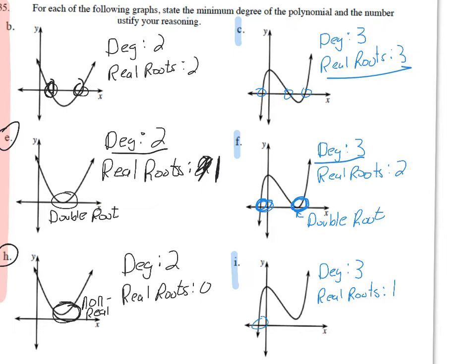And in part I, we only have the 1 x-intercept, that's the real root. And then this little area over here is going to lead to 2 non-real or complex roots.